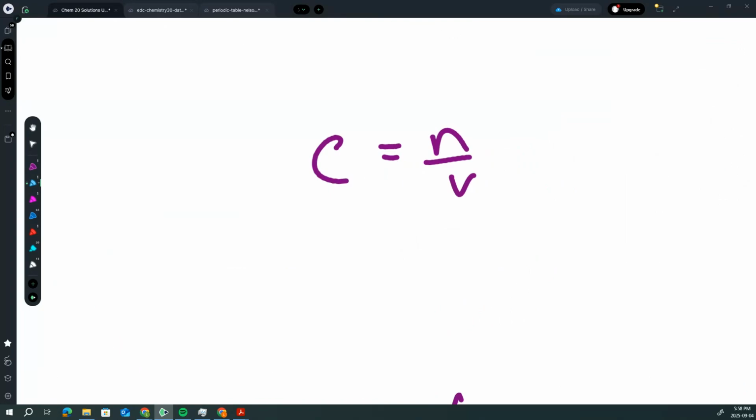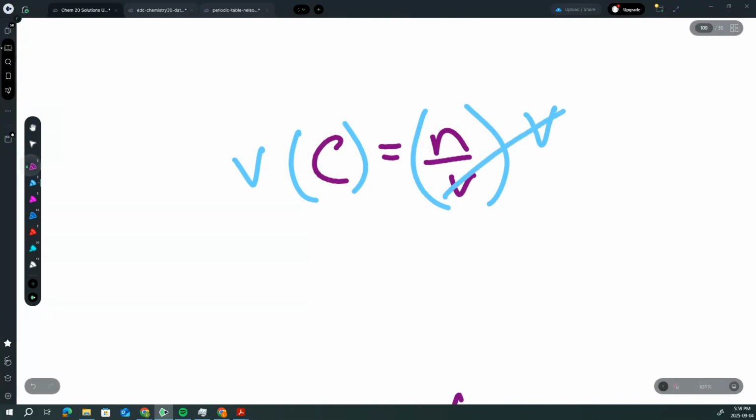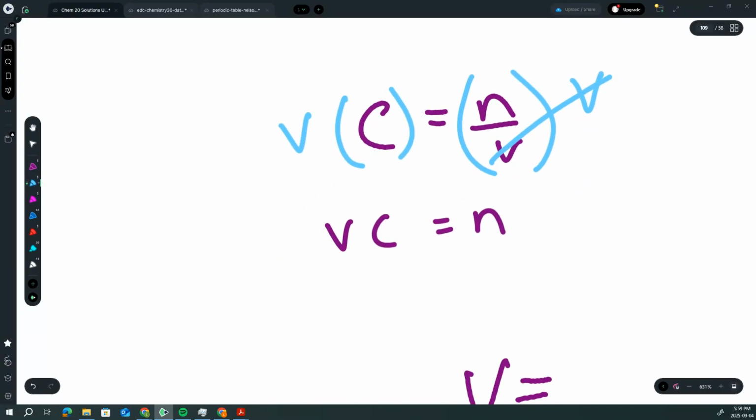Since volume is doing the dividing, not moles, I'm going to multiply both sides by volume. So volume times concentration is equal to moles. And now to isolate for volume, notice how concentration is multiplying volume. So we've got to do the opposite, which is divide by concentration. We are not going to divide by volume because if we do, we'll just get our original equation back.